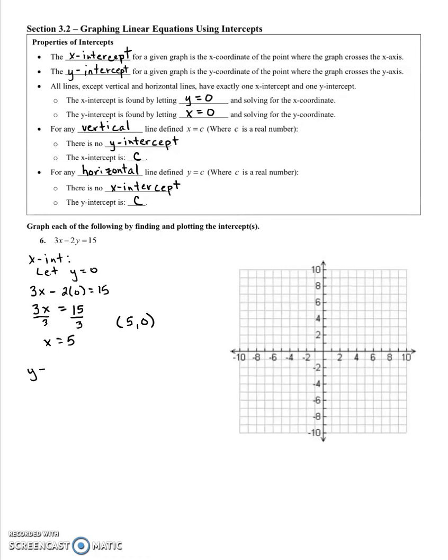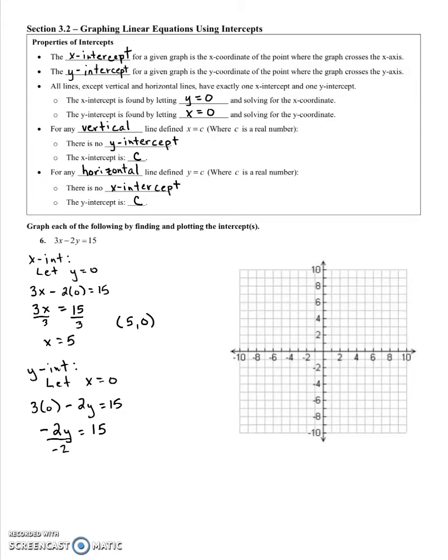Now let's do the same thing and find the y-intercept. To do that, we let x be 0. So we have 3 times 0 minus 2y equals 15. So 3 times 0 is 0, so we have negative 2y equals 15.